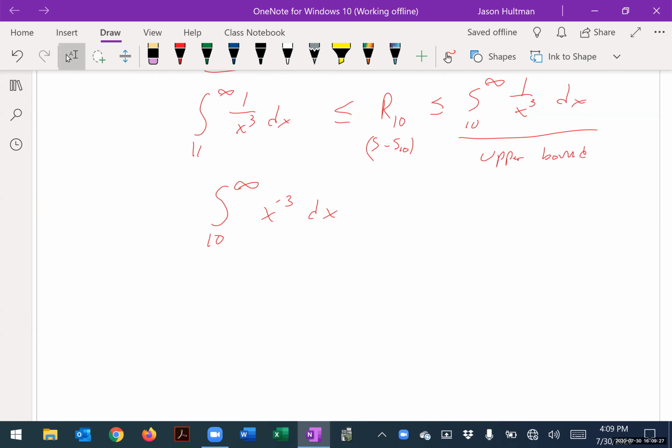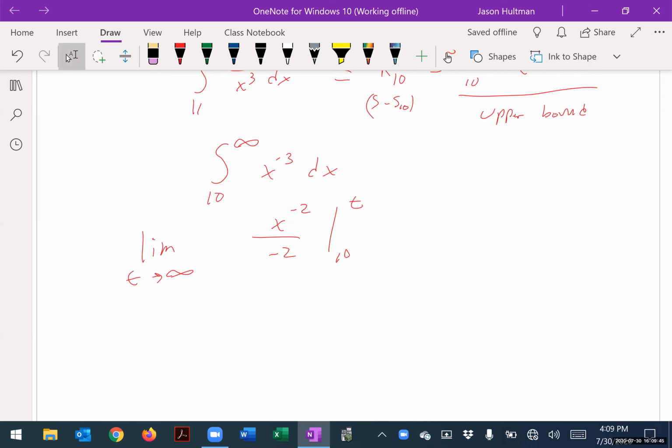So what's this going to become? This is going to become x to the negative 2 over negative 2, and this is the limit as t goes to infinity from 10 to t.